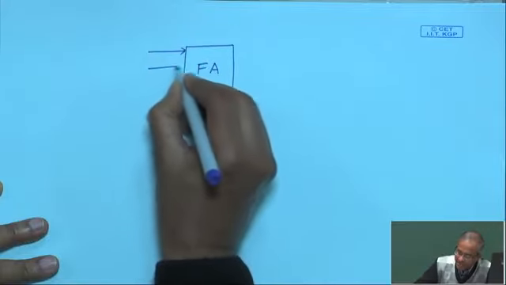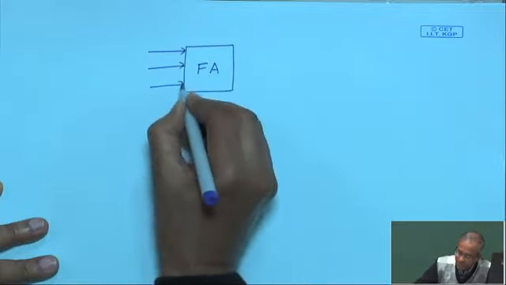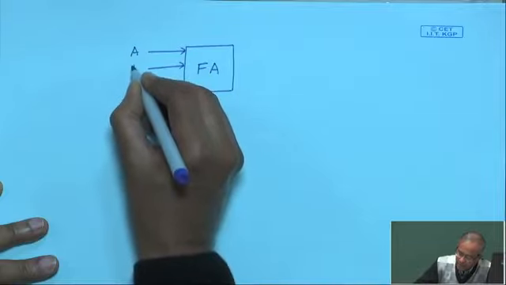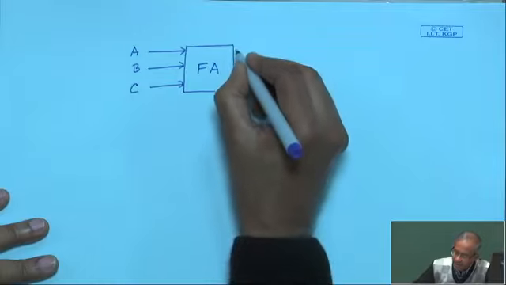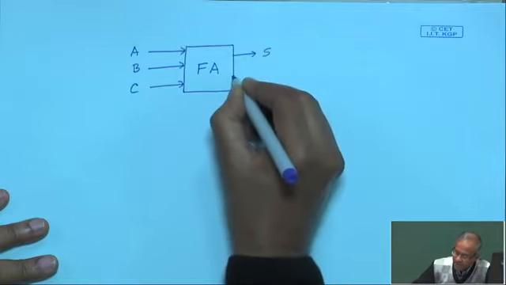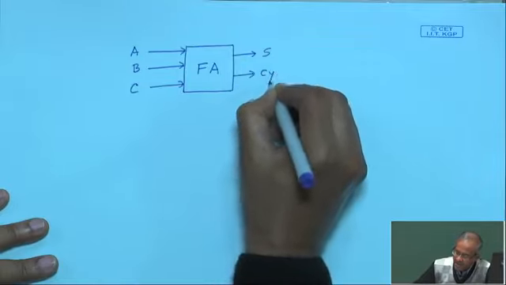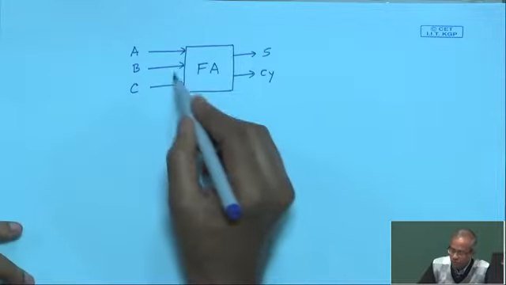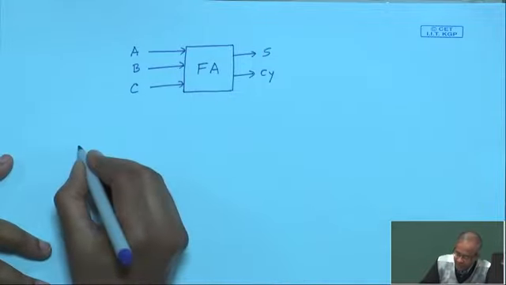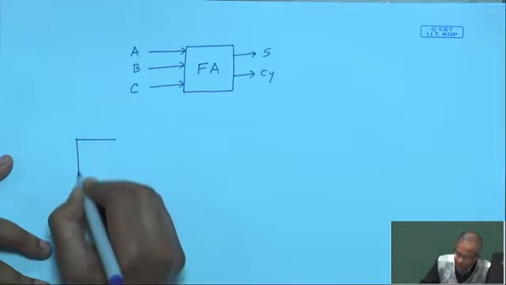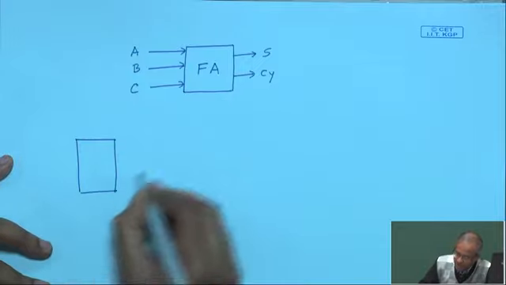A full adder has 3 inputs, the 2 inputs A and B, 2 bits, and maybe a carry in C, and the outputs are sum and carry. Suppose if I want to design a 4 bit adder, the so called ripple carry adder, what do I do? I use 4 such full adders.